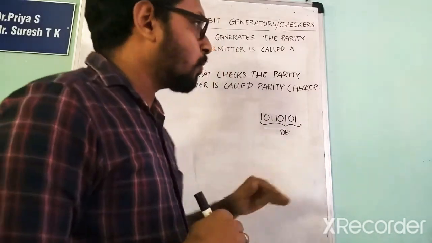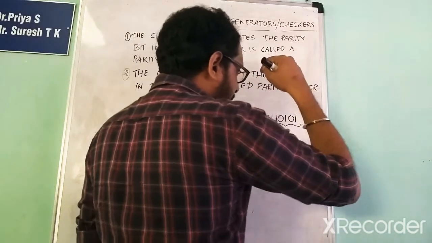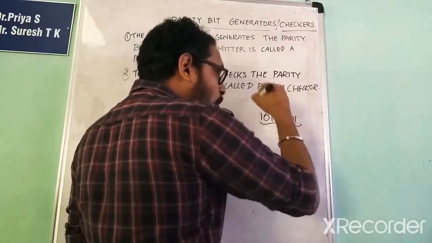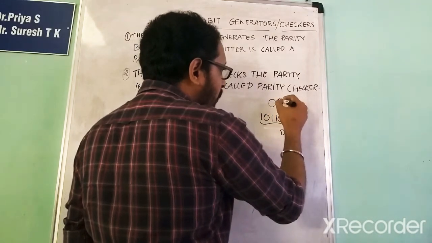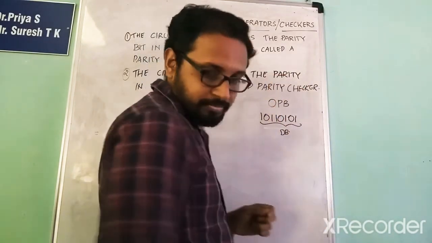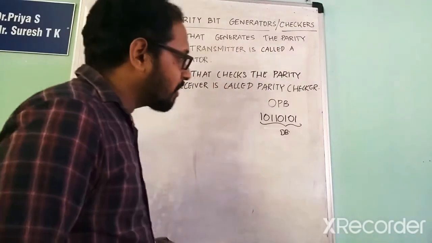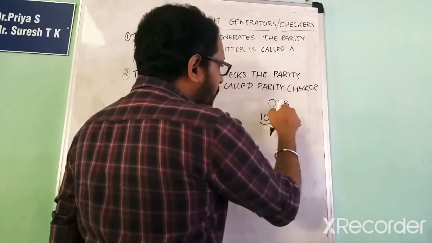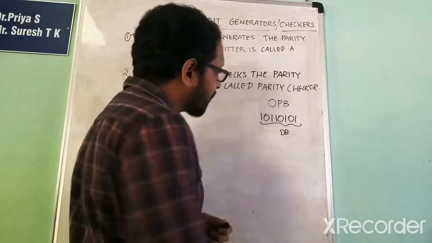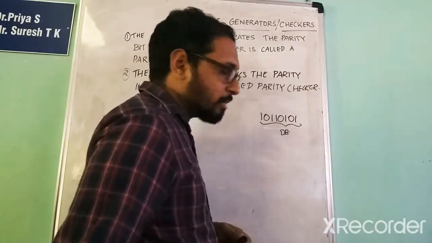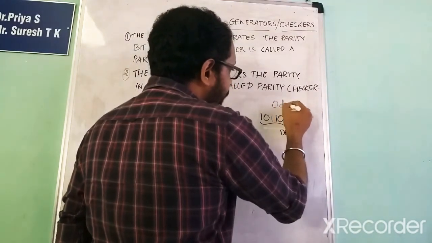So when we need to set an odd parity bit generator, for example, it's odd.